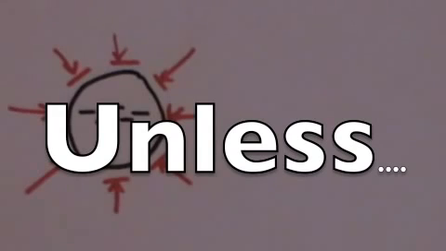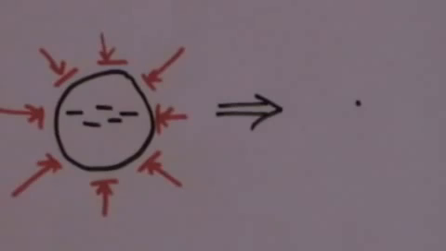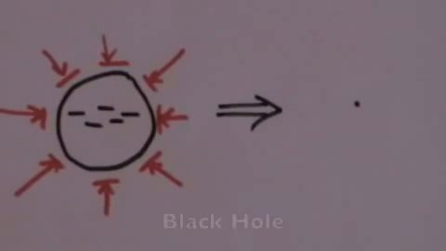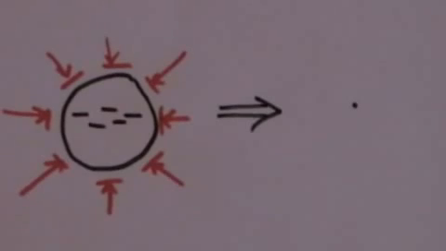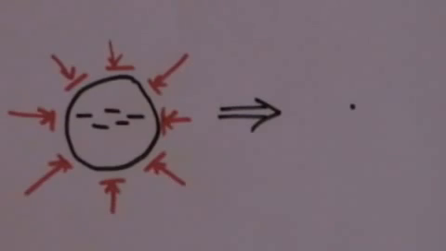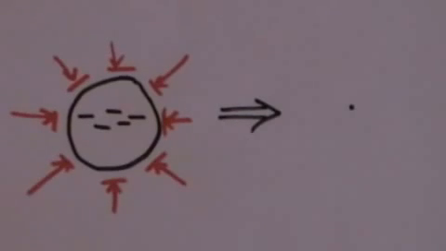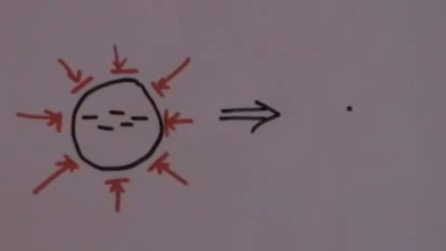If it does so, there is no known physics that will stop the star from continually contracting, becoming ever more dense, until it becomes a black hole. A black hole is known as a singularity because it has no spatial dimensions. The entire mass of a star is condensed into a space which is infinitesimally small.